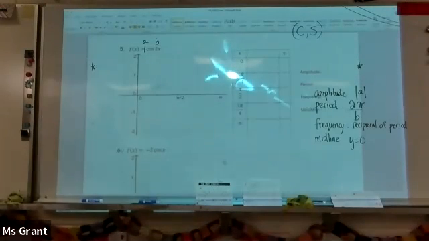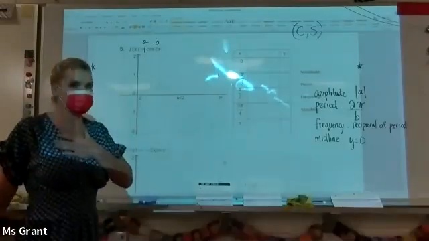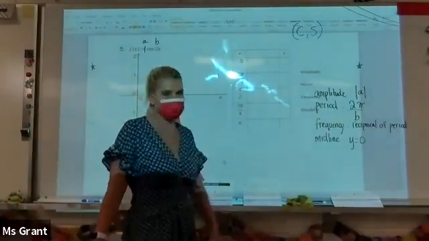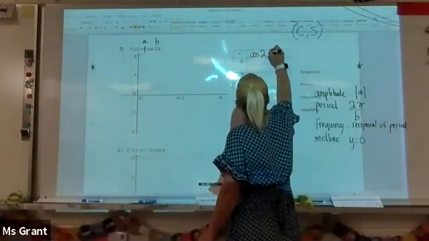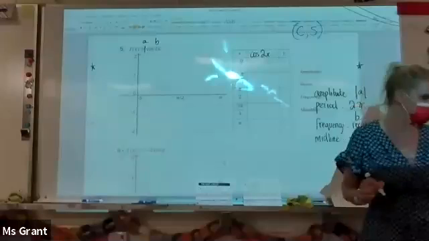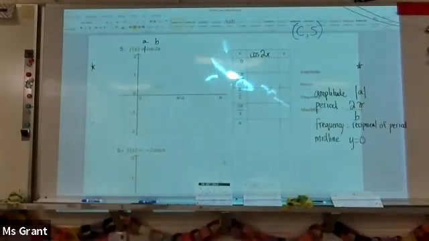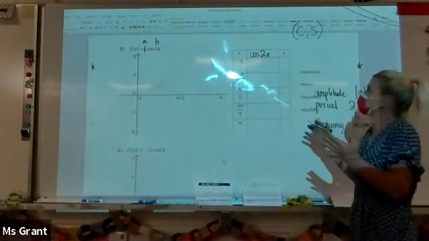I am going to use this space. I made it bigger on this worksheet to help. Cosine 2 times x. And I'm going to plug in these values.